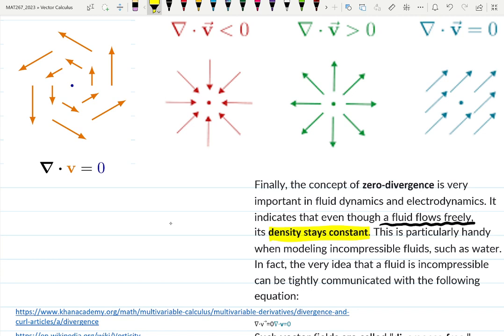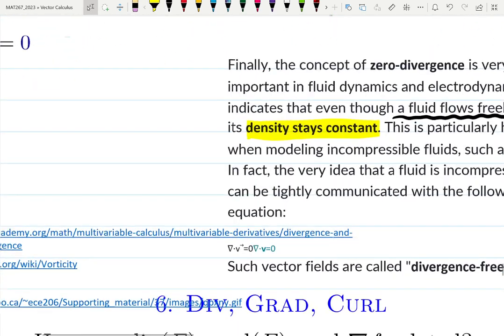Density is how close or far particles are from each other, right? It's particularly handy when modeling incompressible fluids, such as water.